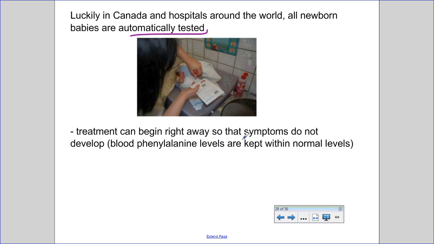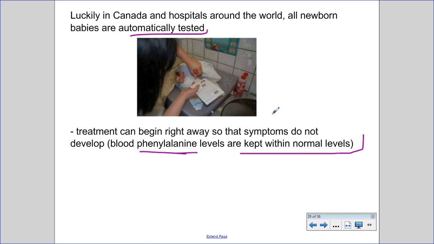Treatment can begin right away so that symptoms do not develop. Blood phenylalanine levels are kept within normal levels. Remember, phenylalanine is an essential amino acid, so by keeping its levels low in the diet, you can avoid any complications due to this condition.